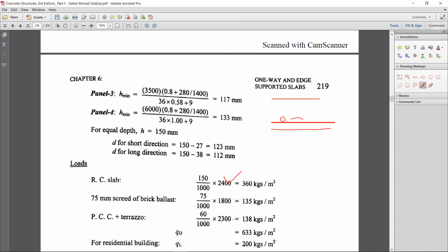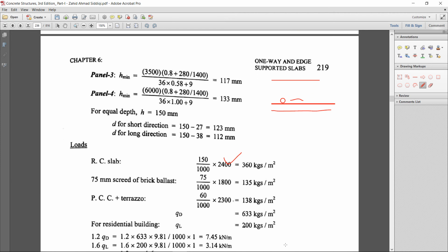You have to pick the live load value depending upon your building type. If it is residential, you pick the value from the table given in chapter 1 of this book, or you can pick the live load value from ASCE 7, American Society of Civil Engineers 7. So for this residential building, the live load value of 200 kg per meter square is picked.